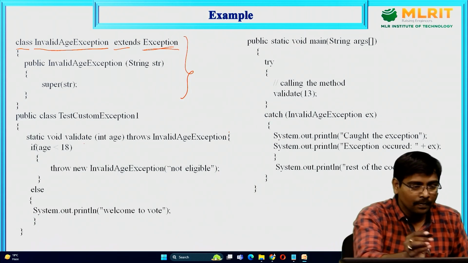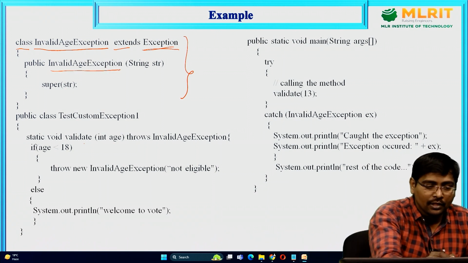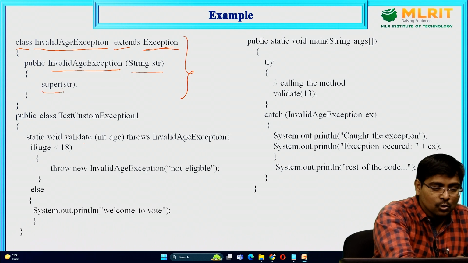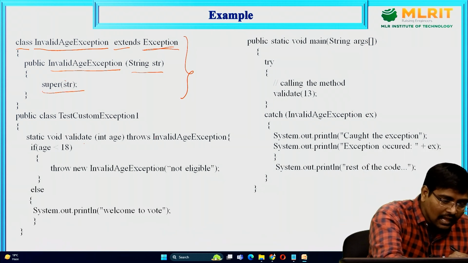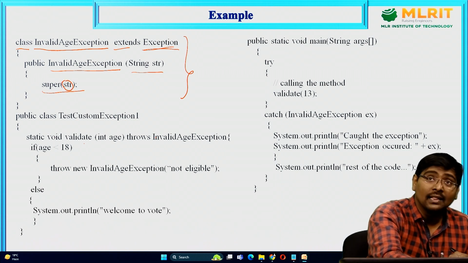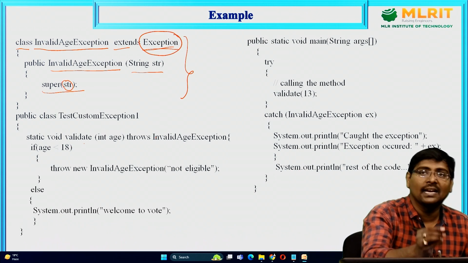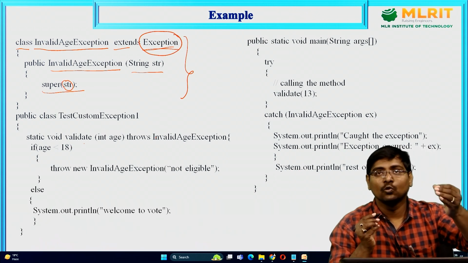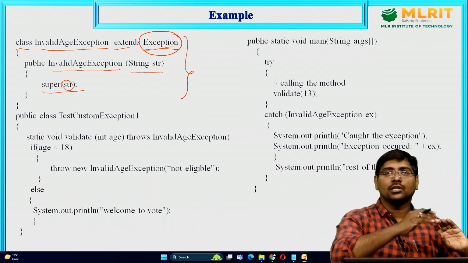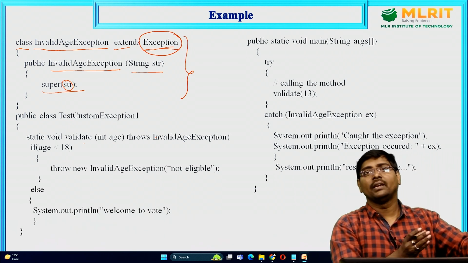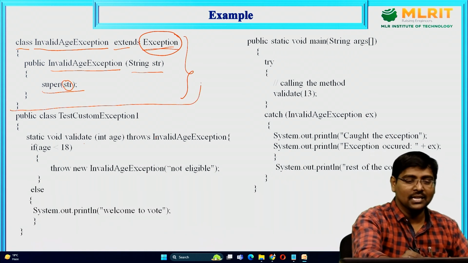Now observe, I have written one constructor with some parameter and super(str). What is the meaning? Whatever message is here is passed to the superclass constructor. In the superclass the entire code is already written. If you just pass the message, the display operation is done. My first point is completed.